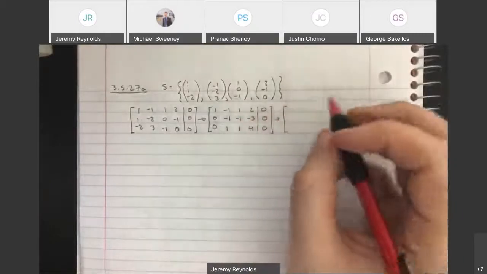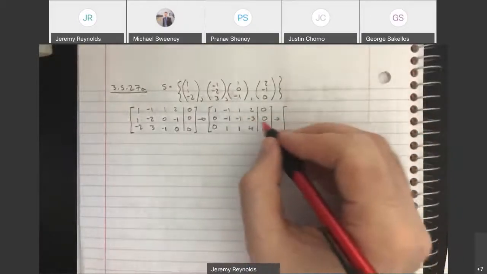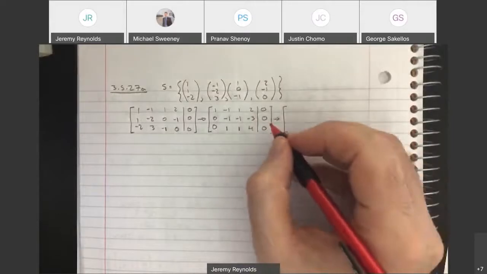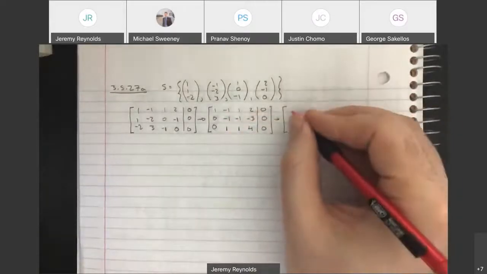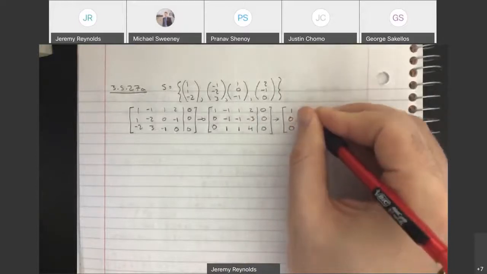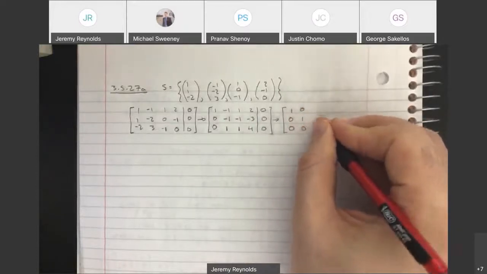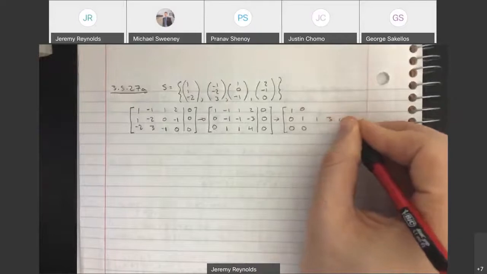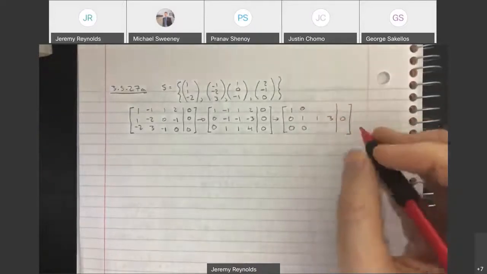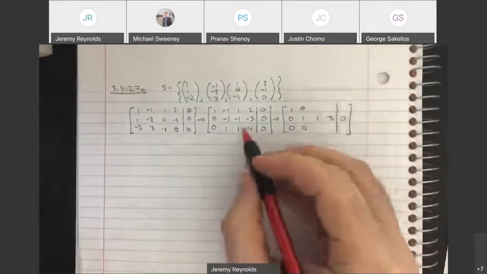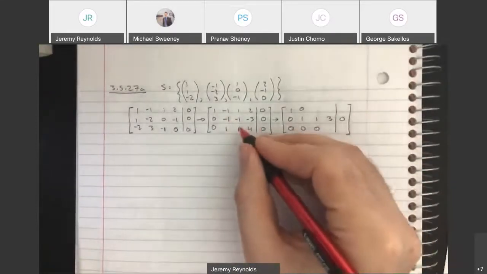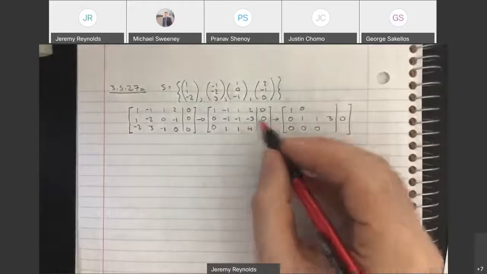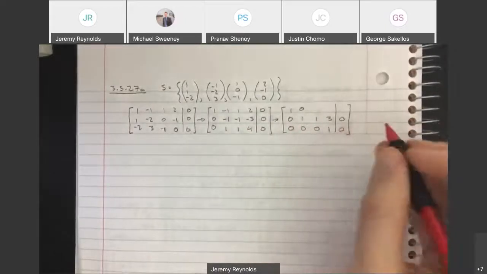So now let's multiply the second row by -1, and then get rid of that column, we'll end up with 1, 0, 0, 0, 1, 0. It's going to be 1, 3, 0. On the bottom, we're adding the 2 rows. 0, 0, 1, 0.